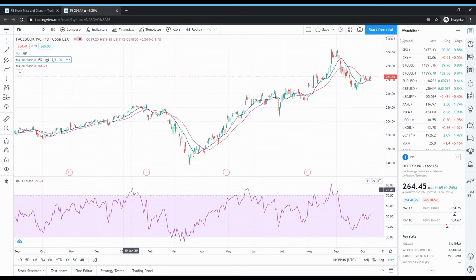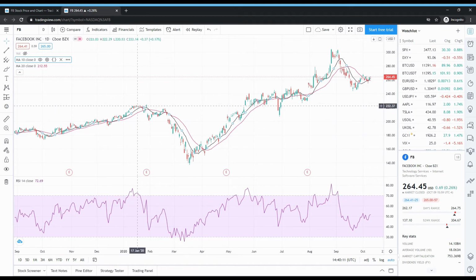So by theory, it's going to go below 30 sometime in the distant future. We don't know when that's going to happen. As you can see in this historical price, it crossed above 70 on 13th of January, and it went below 30 on 10th of March, or again on 12th of March.